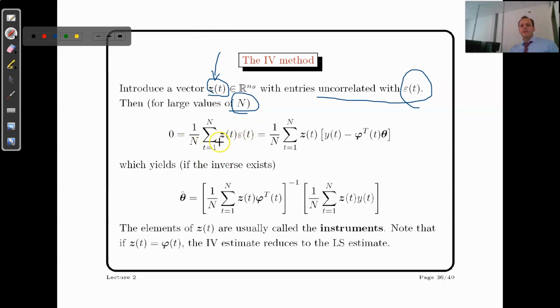So if this instrument is uncorrelated with epsilon, this expression is 0, so it means that you have a consistent estimate and also it is unbiased. And of course, if the inverse exists, you can obtain this solution, which we can call the solution of the IVM.